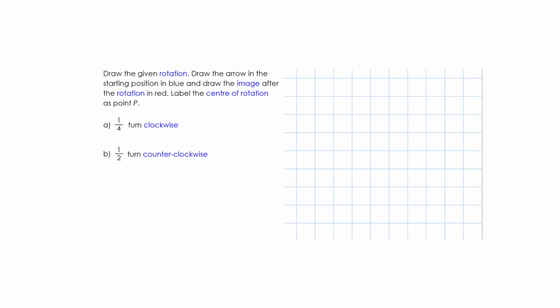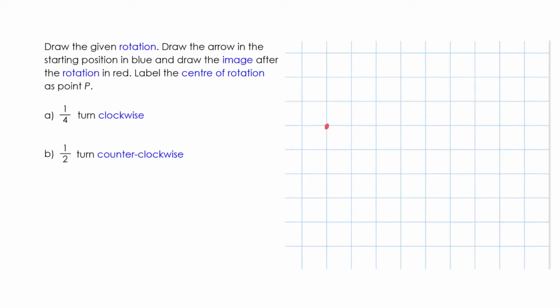Let's label this one here. I'm going to do it with arrows because it's just easier for me. Starting position in blue, so let's grab a blue marker. I'm going to start by drawing my arrow here. This is point P. This is where the turn happens.